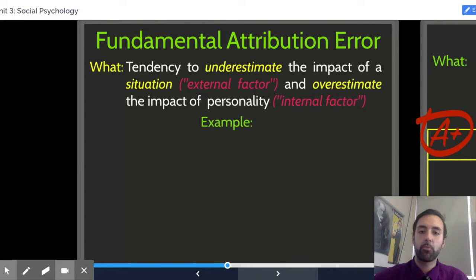You might not realize that the situation, the really stressful work environment, that situational external factor might actually have an impact on their behavior. We tend to overestimate personality or internal factors and underestimate external factors like the situation. So you might have whatever perception of me that you have about what influences my personality, but that personality evaluation might be impacted by the fact that you only see me at school. How I act in other situations might be very different, as you can clearly see from that image not too long ago.